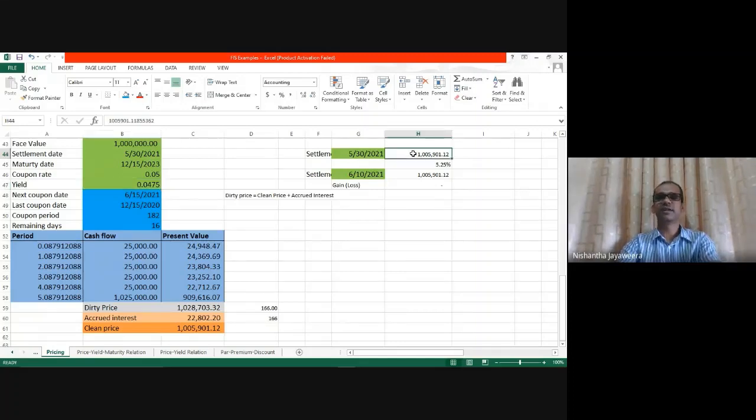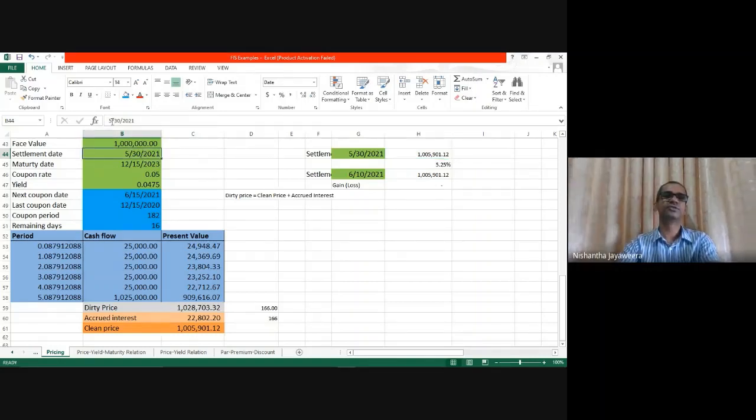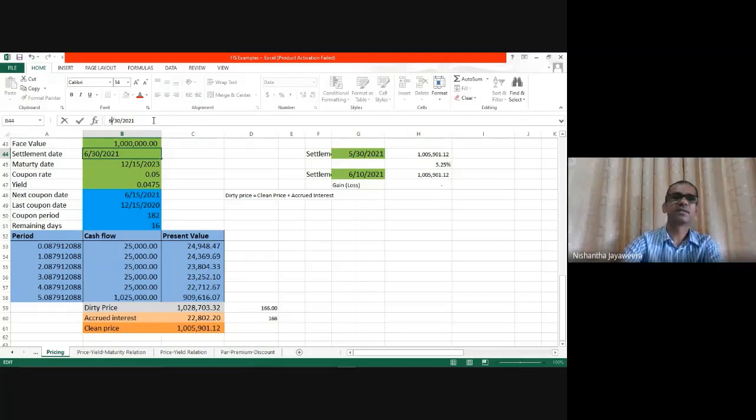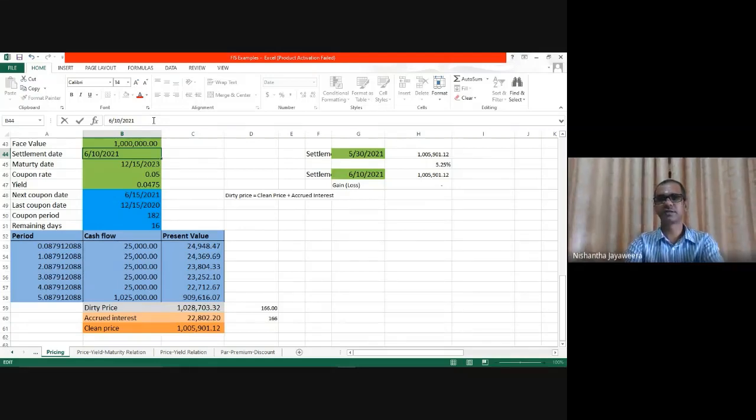So this is the price that you pay to buy. Now assume on 10th June you sell it. No change in the yield. Now you cannot expect a profit. Now you should expect a loss.